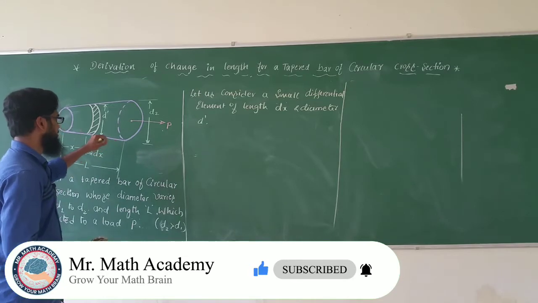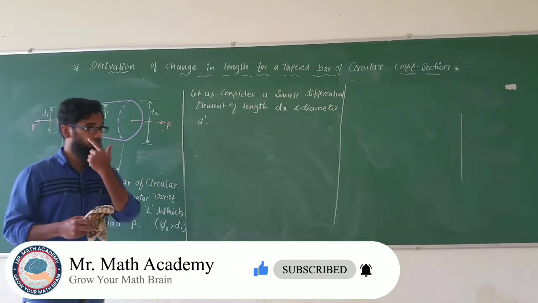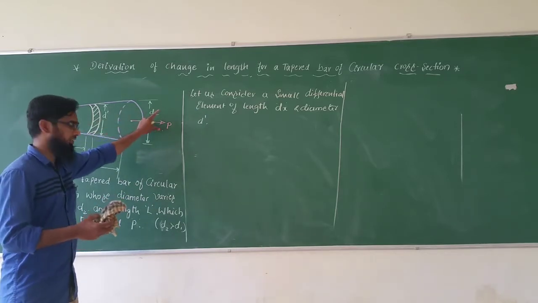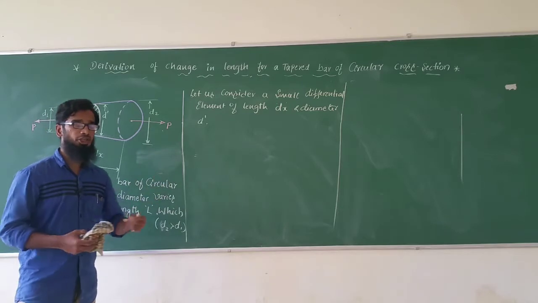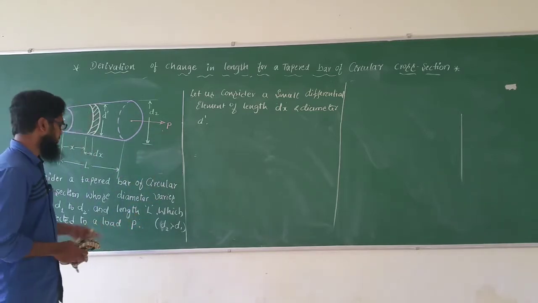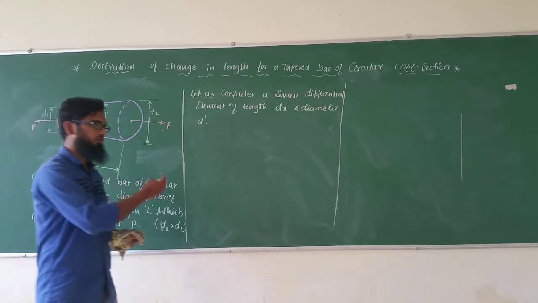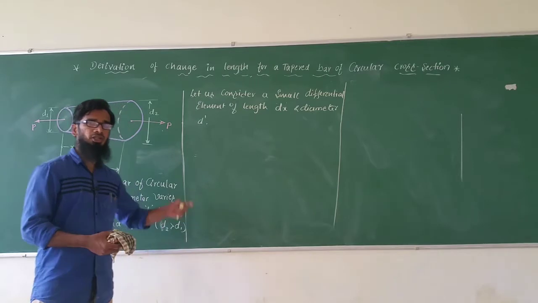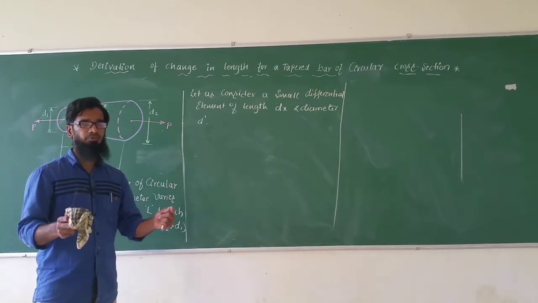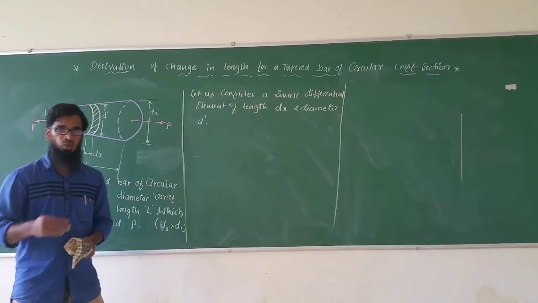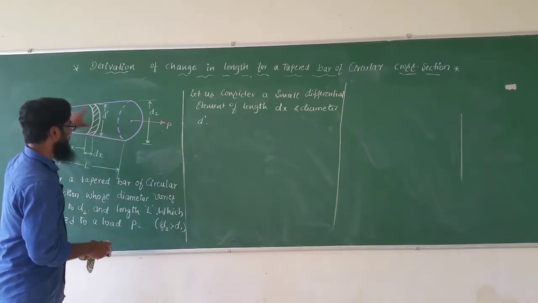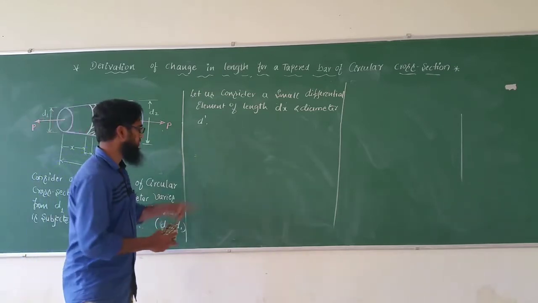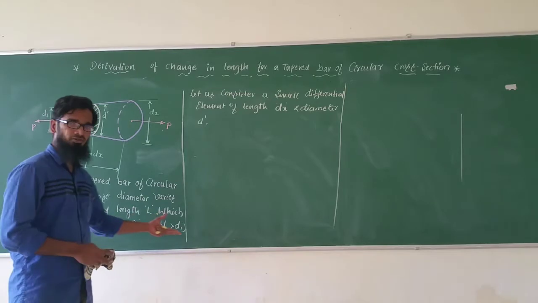The diameter varies from small d1 to d2, it has a length L and it is subjected to a load P. Before deriving, let us consider a tapered bar of circular cross section whose diameter varies from d1 to d2, having a length L and subjected to a load P.